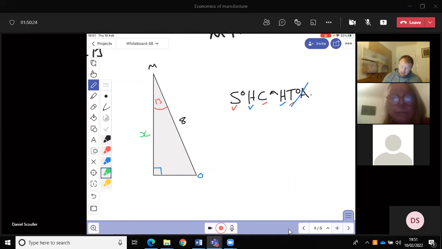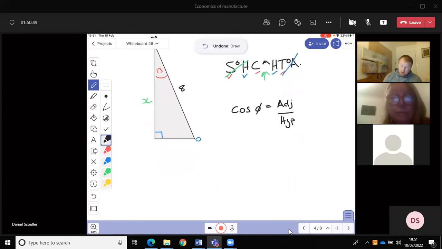So x is the adjacent. That rules out sine. Just working with that then, cos of the angle equals adjacent over hypotenuse.